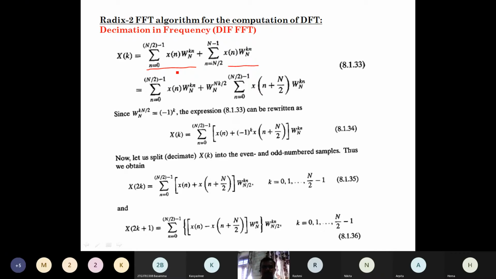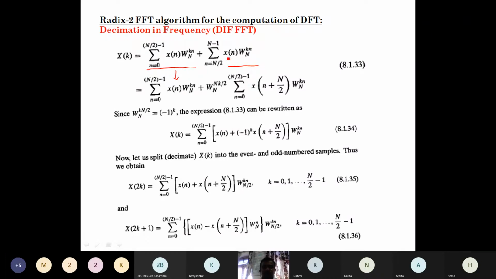I am keeping the first summation as it is, that is n equals 0 to capital N by 2 minus 1 x of n W_N to the power kn, plus a small change here. The second half deals with only N by 2 elements.